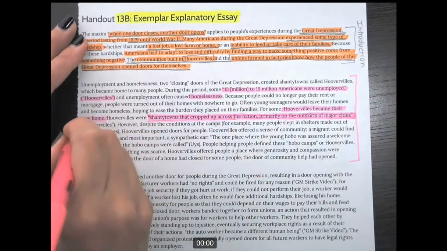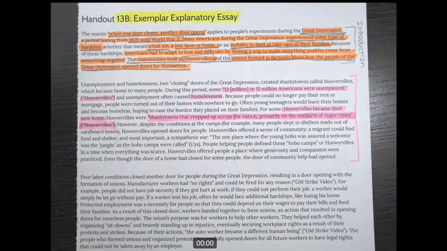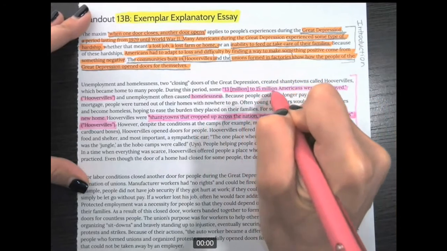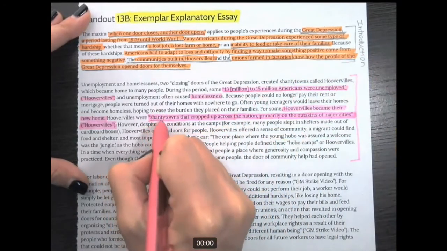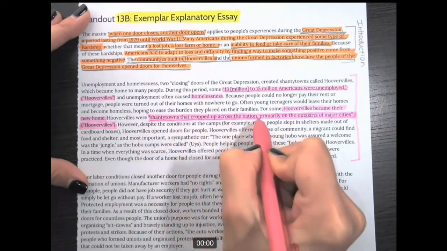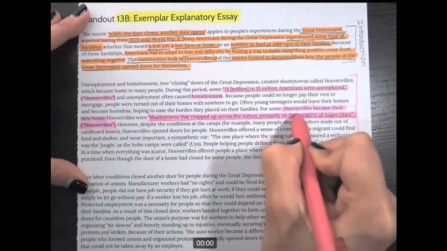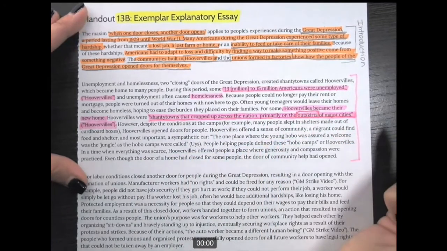So this was also found in the same article called Hooverville. So notice here how we have two pieces of evidence so far. We have the one talking about how many Americans were unemployed, and then we have another piece of evidence that is discussing what a Hooverville was, or where they were in some cities. So they were on the outskirts, meaning on the outer area of major cities.